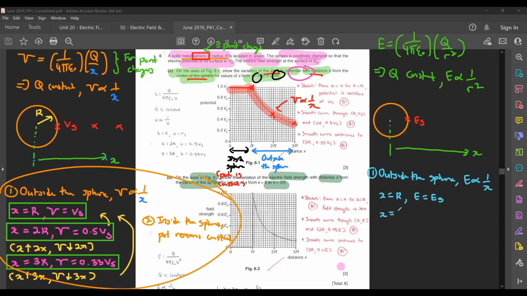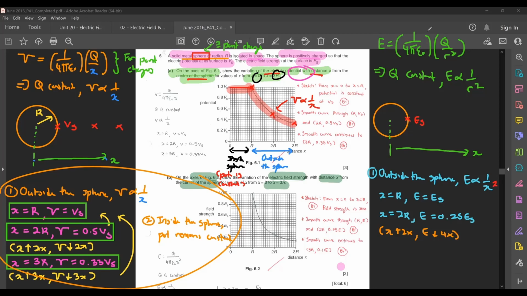When x is equal to 2R, your E is 0.25 ES. The reason is that your x increased 2 times, so your E must reduce 4 times, because E is proportional to the separation squared.